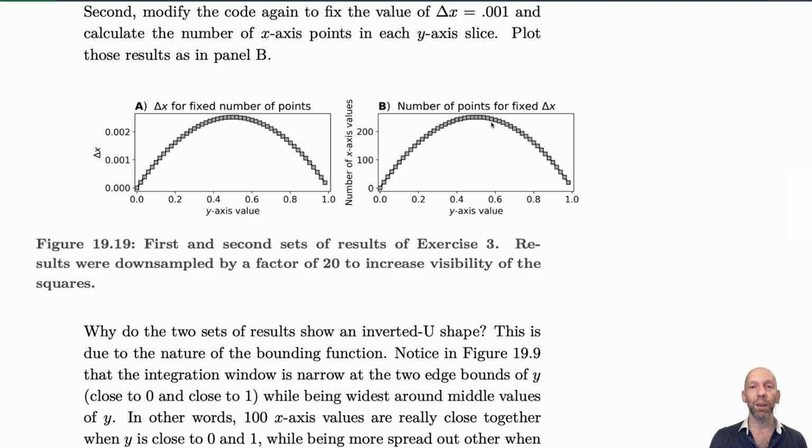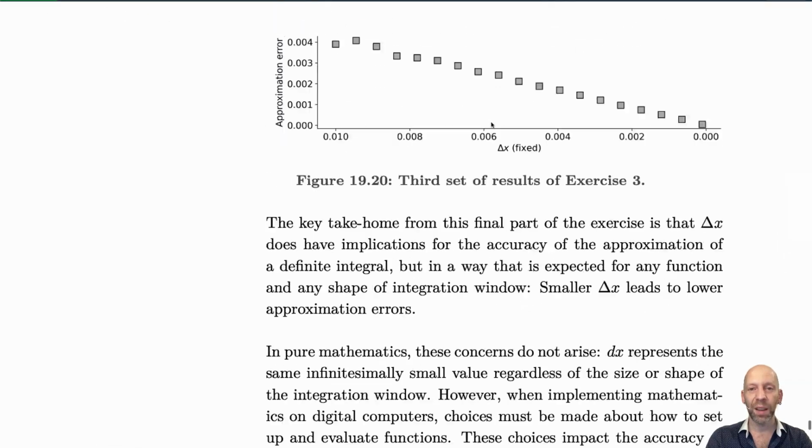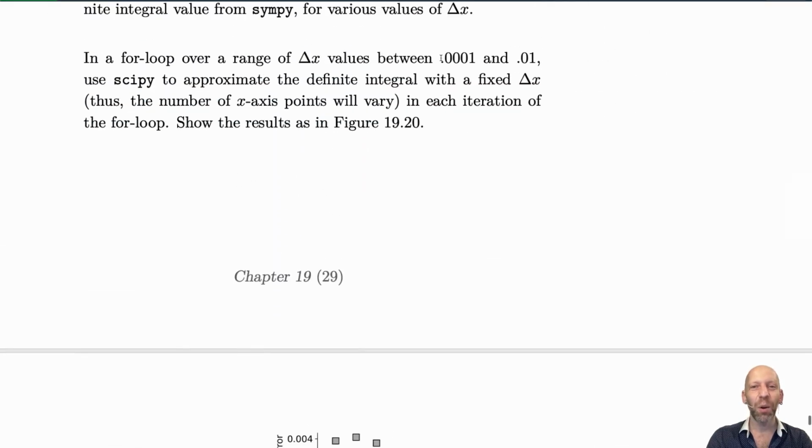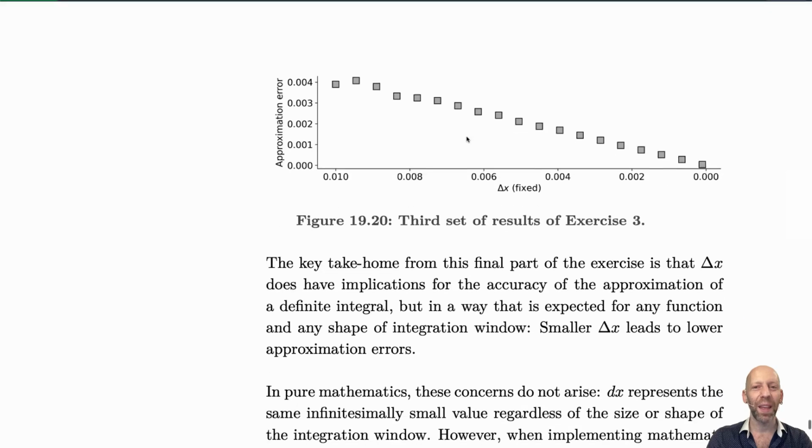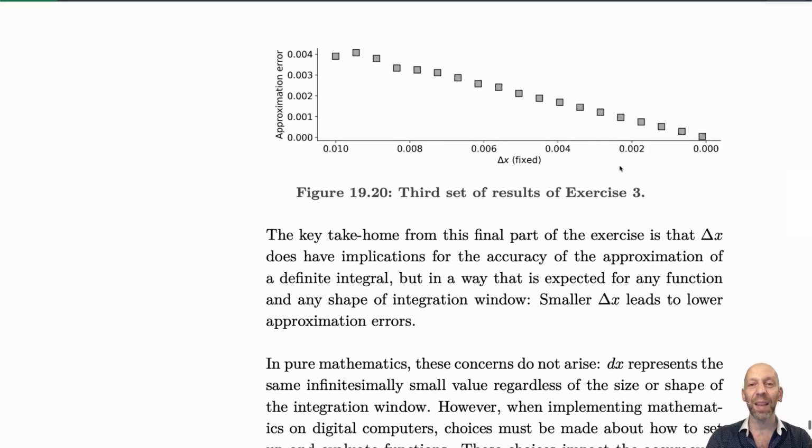But now we really are going to perform the double integration to get a numerical approximation of the multivariable definite integral using these variable bounds of integration for a range of delta x values from 0.0001 to 0.01. And that is plotted on the x-axis here.